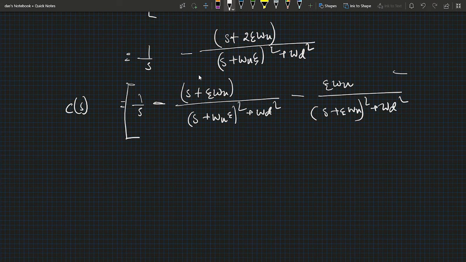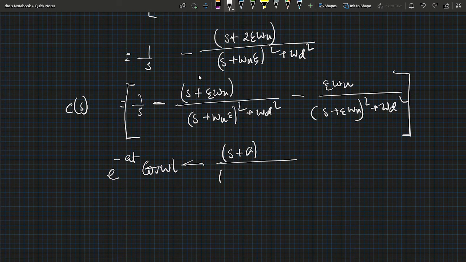Now we already know from Laplace transform properties that e to the power minus a t into cos omega t has the Laplace transform s plus a divided by s plus a whole squared plus omega squared. This is one theorem.